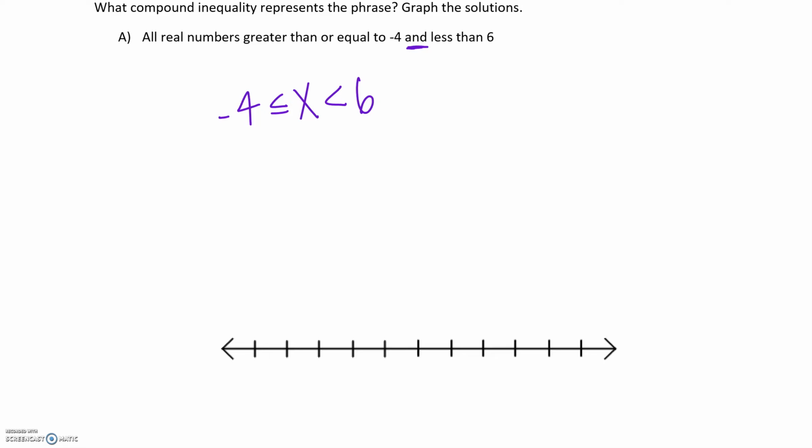So if we have -4, -3, -2, -1, 0, 1, 2, 3, 4, 5, 6, that's going to give us a closed circle at -4 and an open circle at 6. And we are shading in the middle.